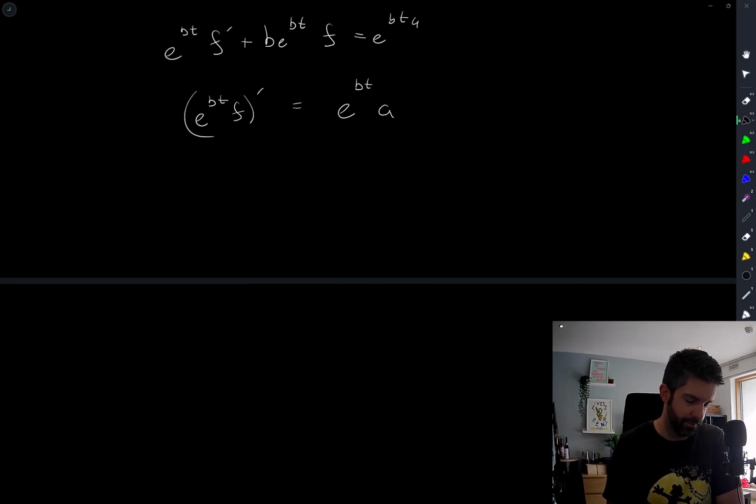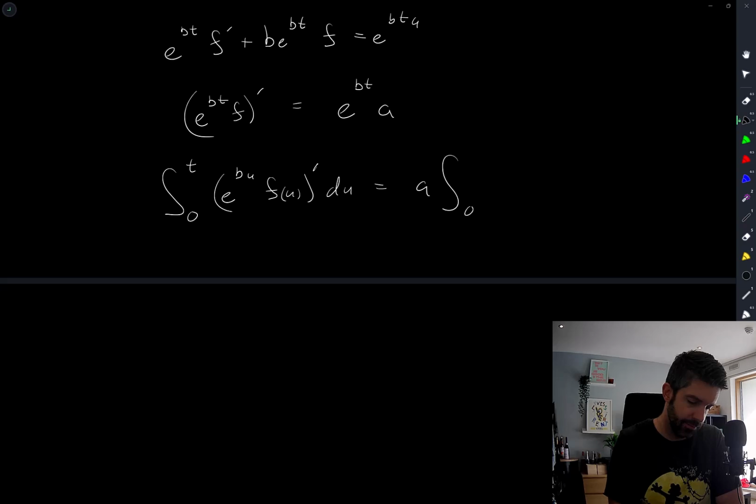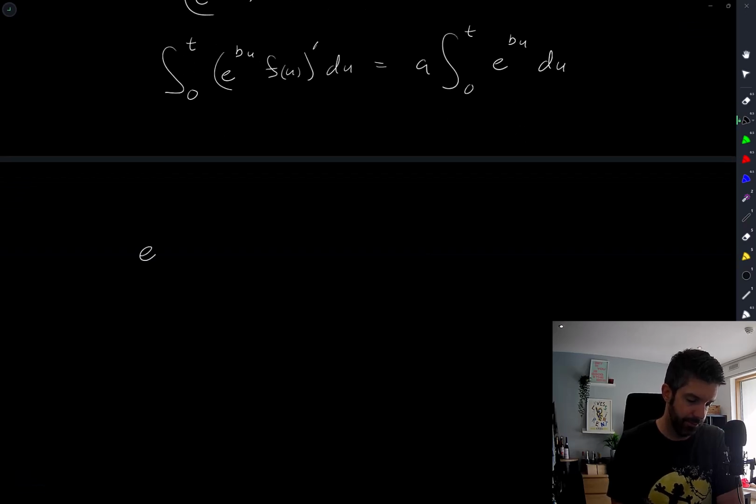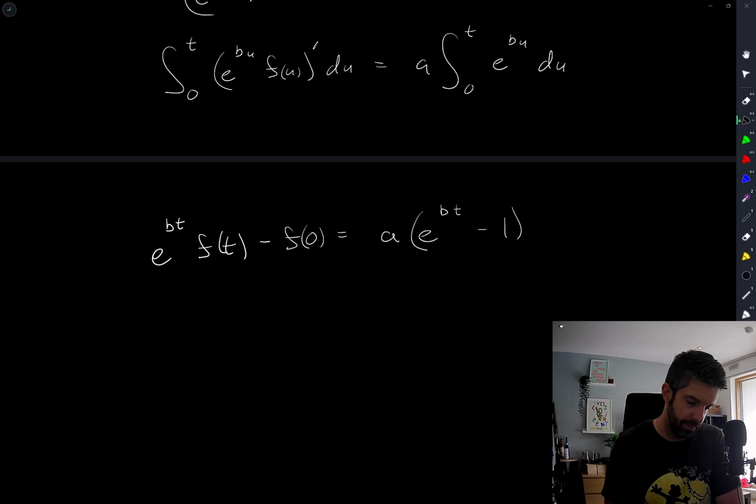Okay, integrate from 0 to t. On the right, A integral from 0 to t of e to the bu du. So I have e to the bt f of t minus f of 0 is equal to a times e to the bt minus 1 divided by b.